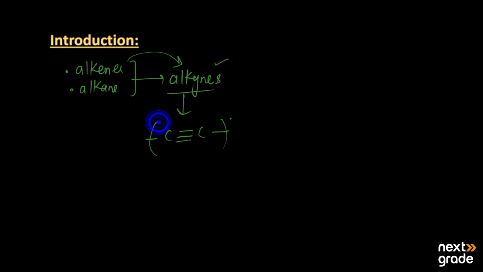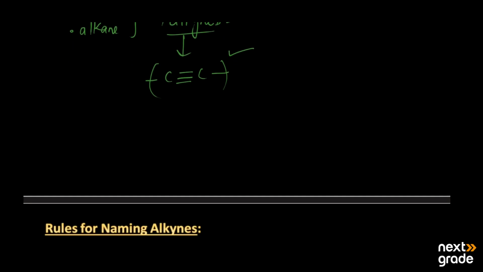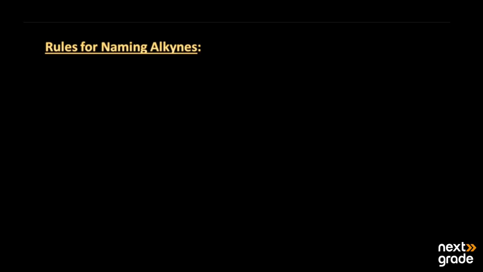In alkynes, basically, there is the presence of a triple bond between two carbon atoms. So first of all, we have to recognize the triple bond between the carbon atoms. If there is a triple bond present, then it is a simple alkyne. So let's have a look at the basic rules.